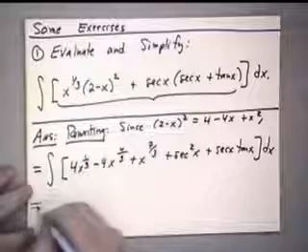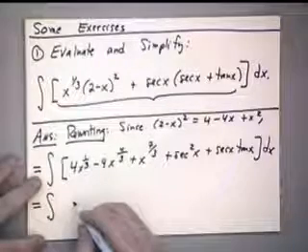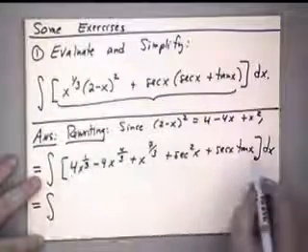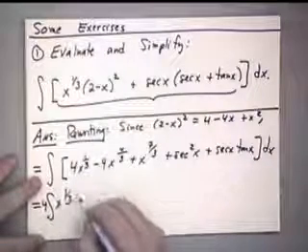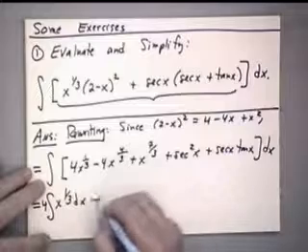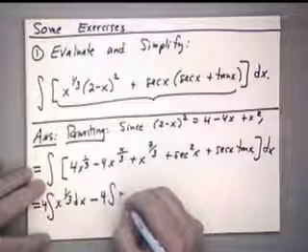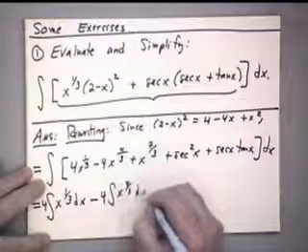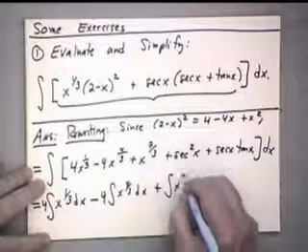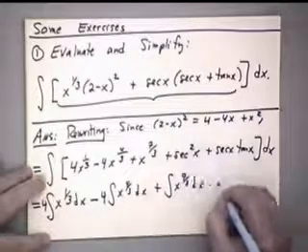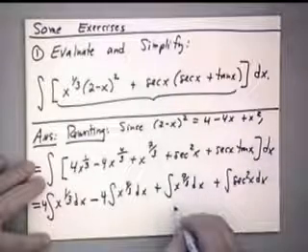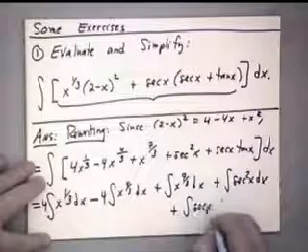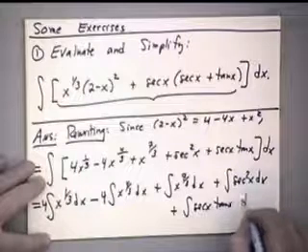And then if I continue to multiply things out and break things apart a little bit, if I break this into various pieces, I see that I have 4 times the integral of x to the 1/3 dx, minus 4 times the integral of x to the 4/3 dx, plus just the integral of x to the 7/3 dx, plus the integral of secant squared x dx, and finally one more, plus the integral of secant x tangent x dx.